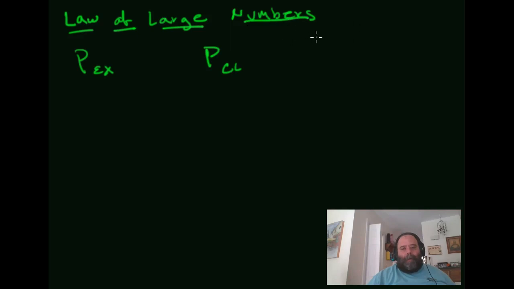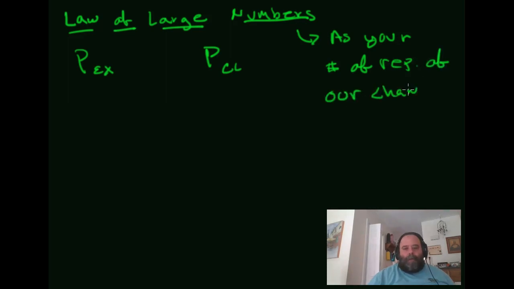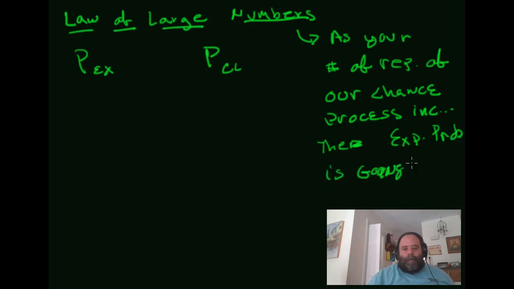Basically, what the law of large numbers says is that as the number of repetitions of our chance process increases, the experimental probability is going to approach the actual probability.